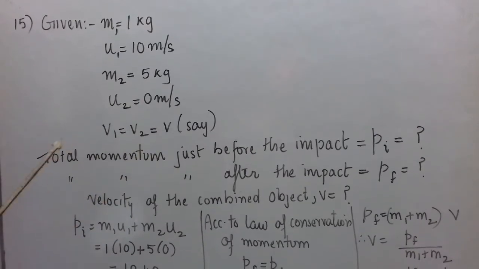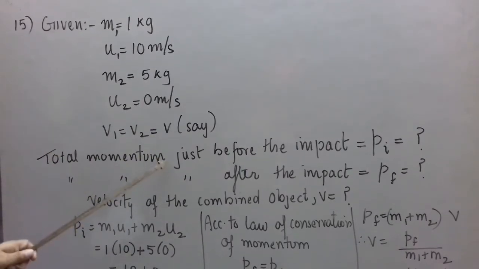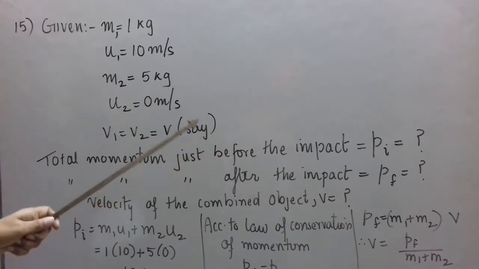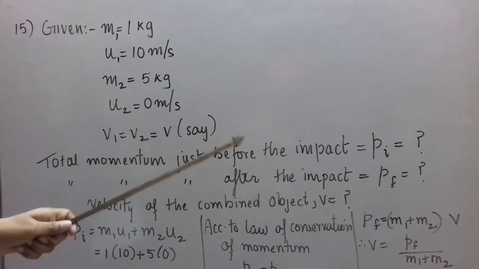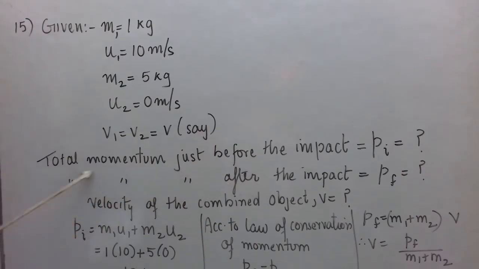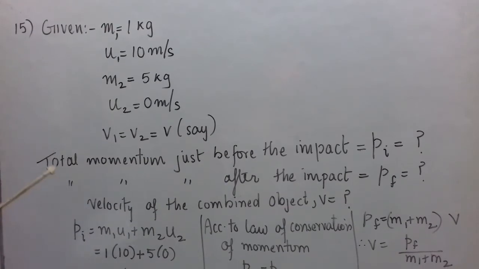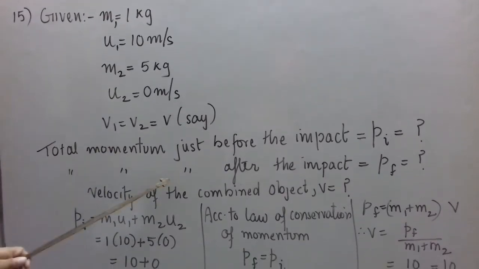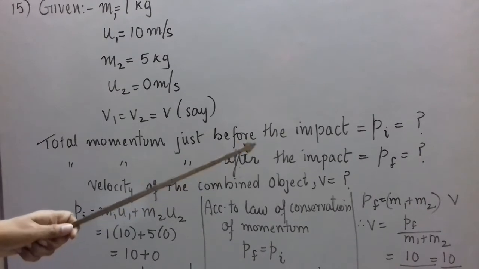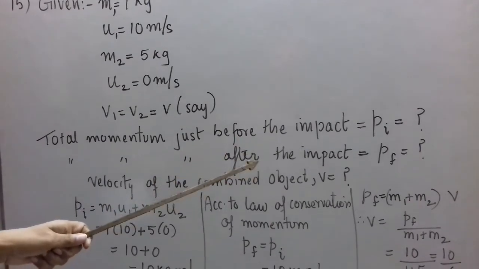You have to find the total momentum just before the impact. I have denoted it by Pi for convenience, otherwise every time I have to write the complete sentence. And total momentum just after the impact, I have represented by Pf.